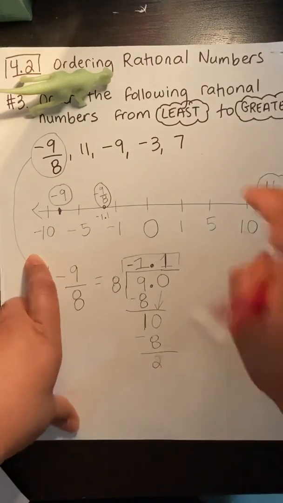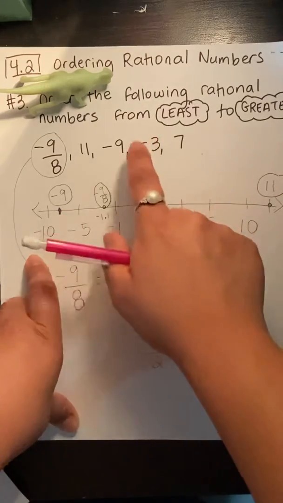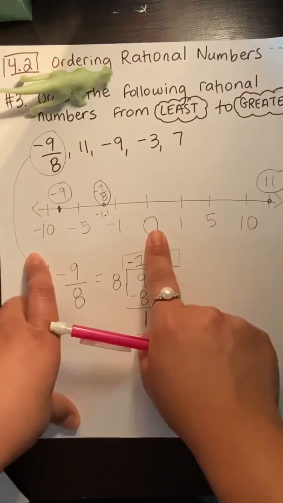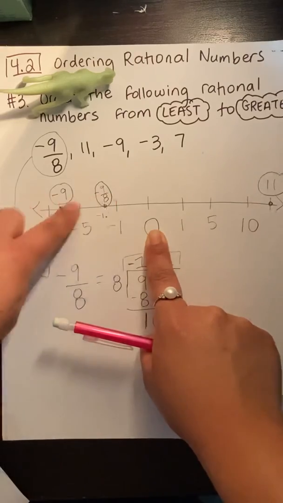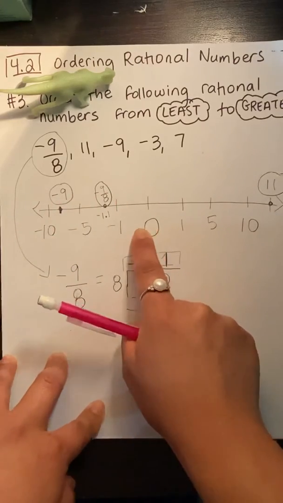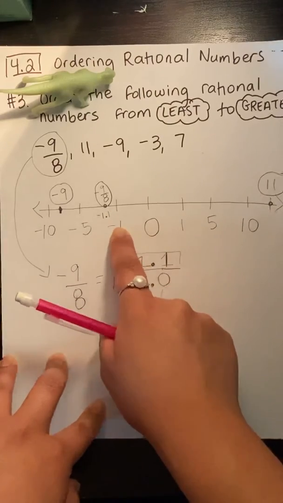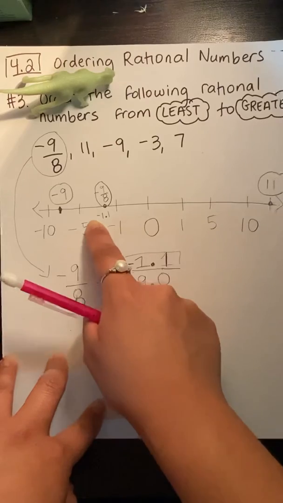Okay, now my next number is negative 3. Again, because it's negative, I know that when I start at 0, it will be to the left of 0. So let's start going to the left. We come upon negative 1, and I know it's going to be further to the left than negative 1. I'm going to continue going.